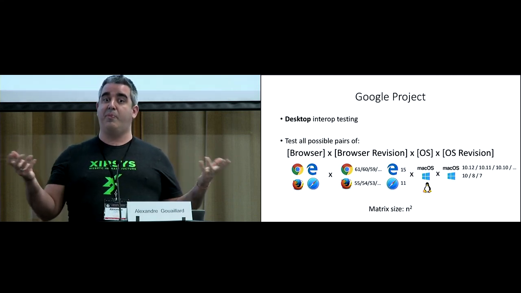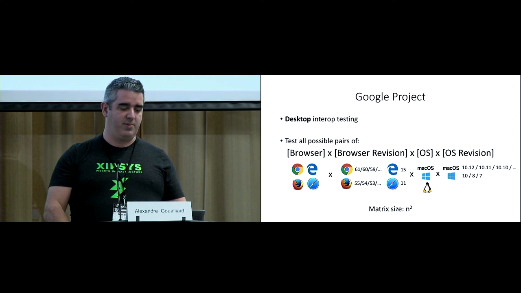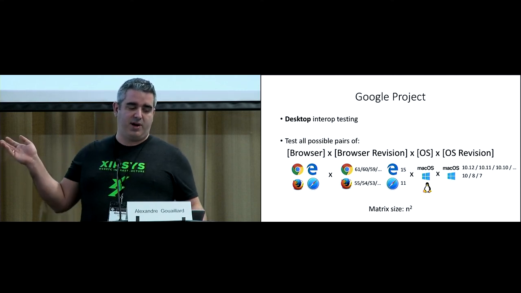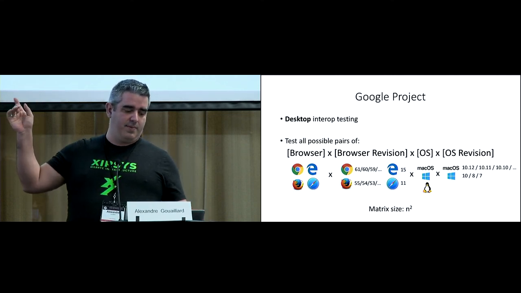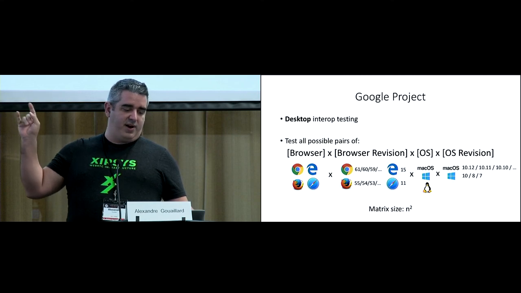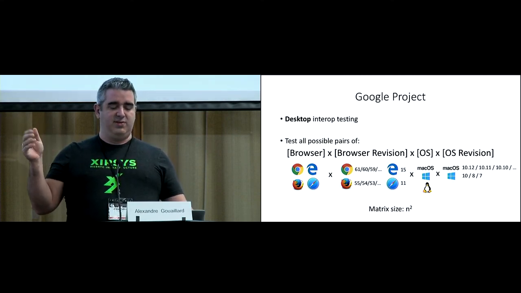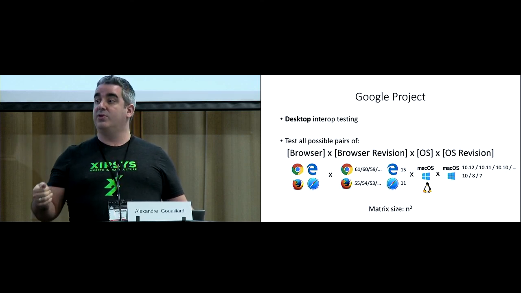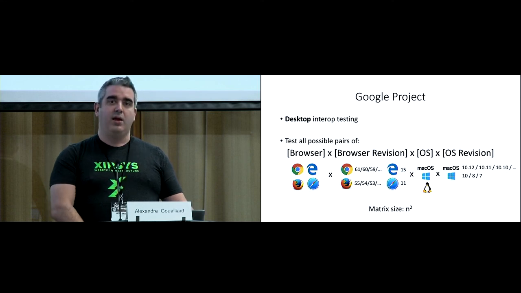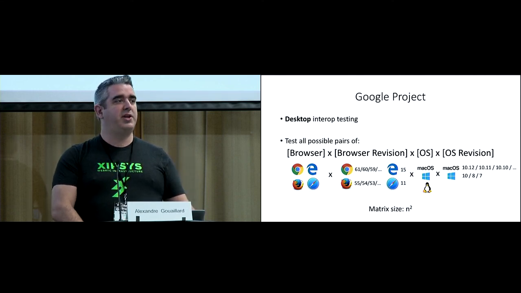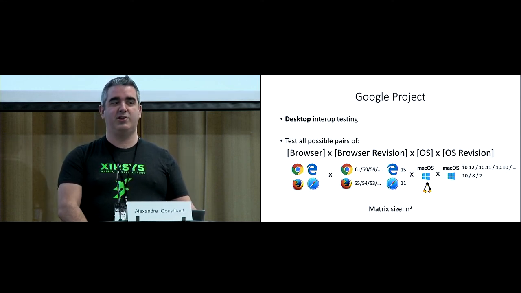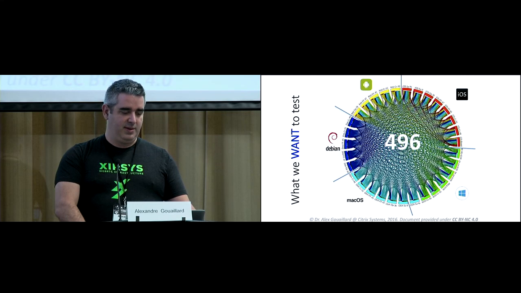So we're going to do pairs of those configurations, right? For example, the browser can be Chrome, Edge, Safari, Firefox. The revision can be Chrome 61, 60, 59, and for Firefox 55, 54, 53 if you were testing today. For people seeing this recording later, those numbers are likely to have changed, and so on and so forth.